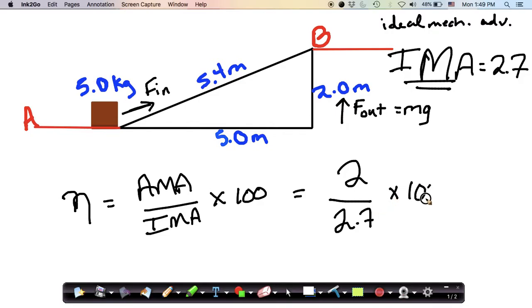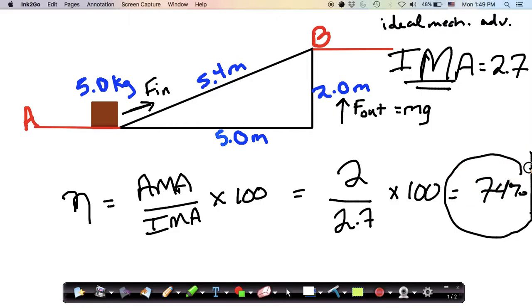And if we multiply that by 100, we do get 74%, which is the exact same efficiency that we calculated in the previous case with the output work over input work formula. So either of these ratios, output work to input work or actual mechanical advantage over ideal mechanical advantage, will allow you to calculate the efficiency of a simple machine.